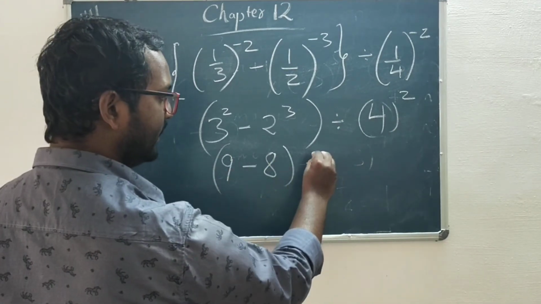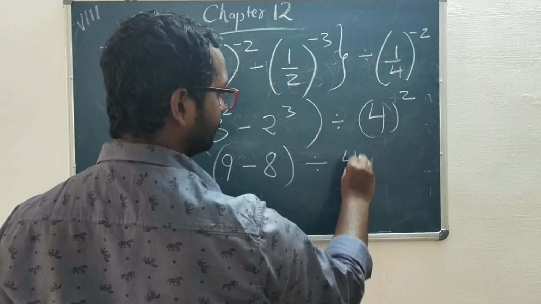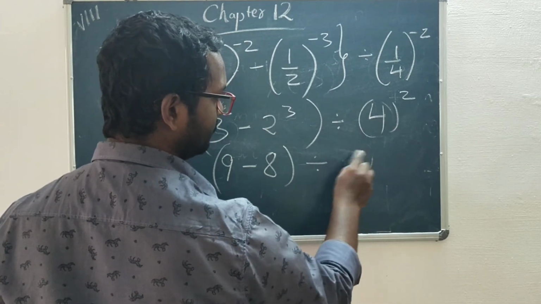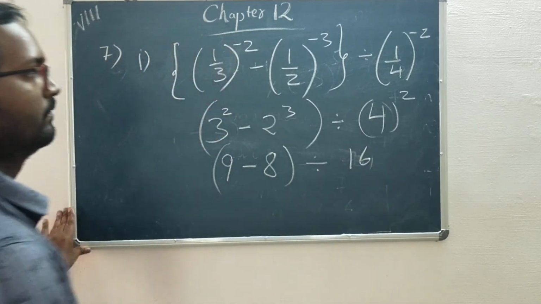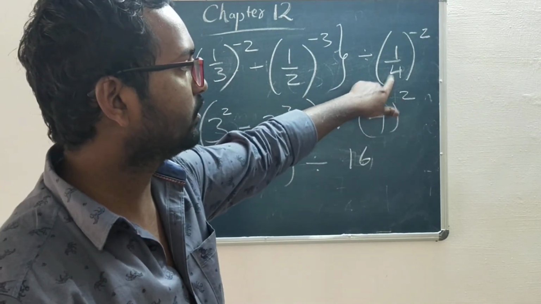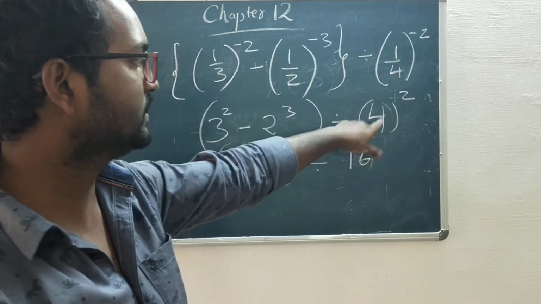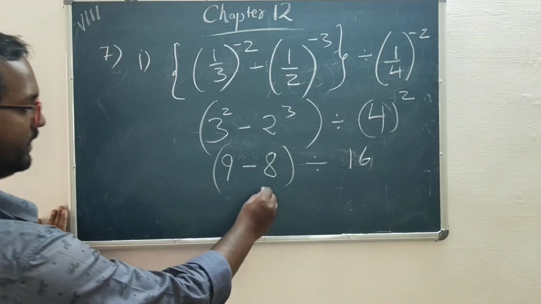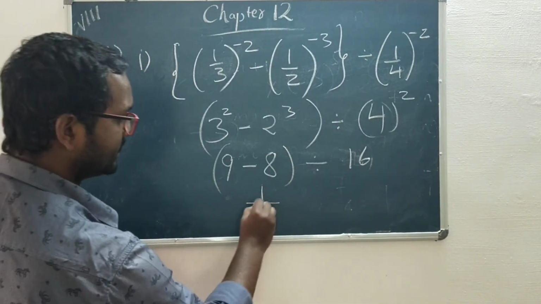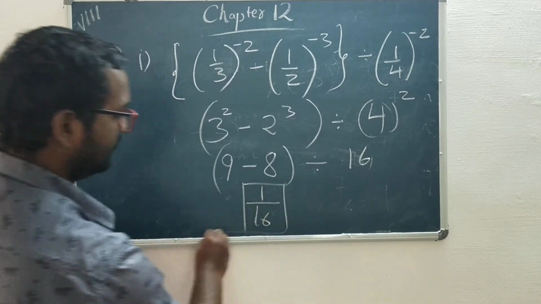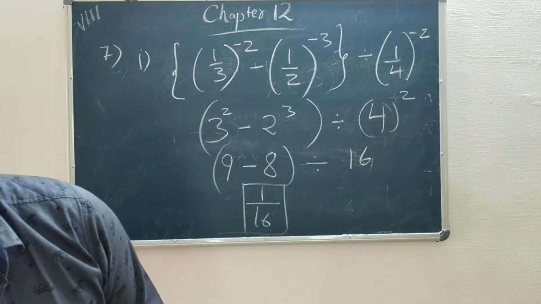This has to be divided by 4 power 2, which is 16. See here, 1 by 4 power minus 2 becomes 4 power 2. 4 power 2 is 16. This is 1 divided by 16. This is the final answer.